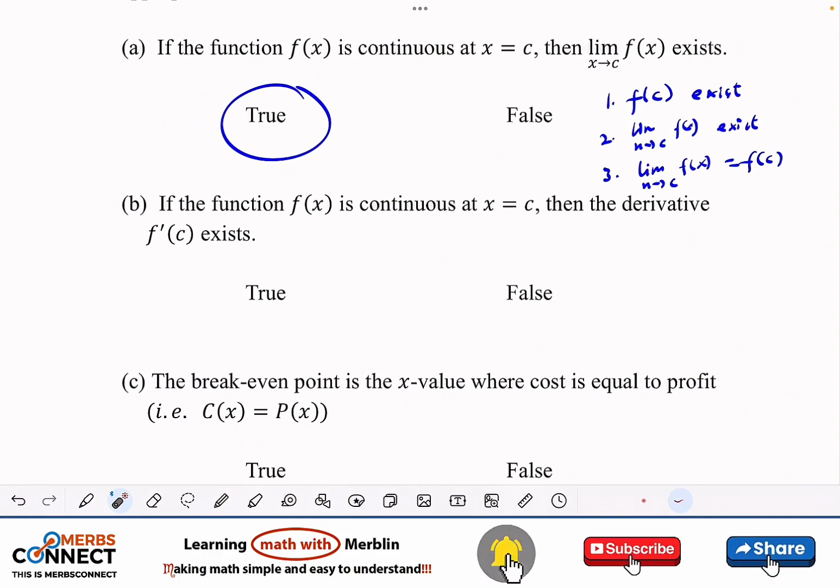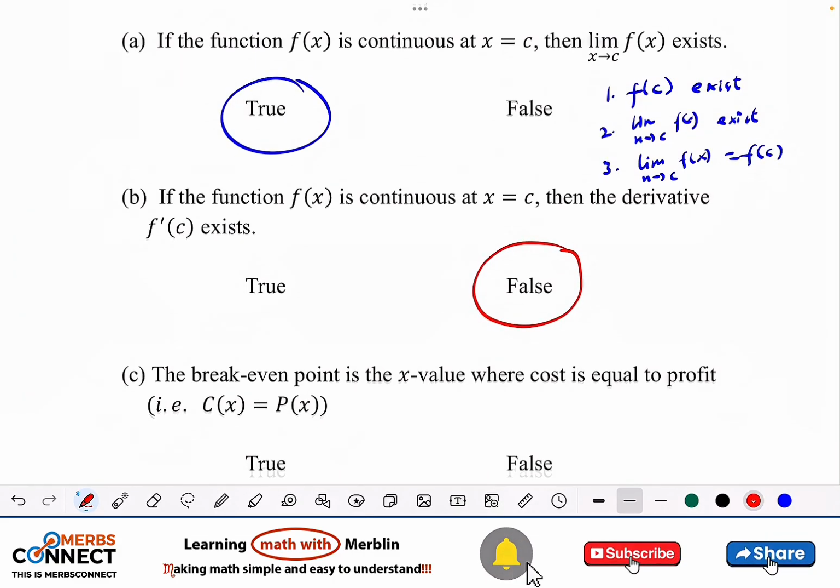Let's look at this. If this is continuous at x equal to c, then the derivative of this, that is f prime of c, exists. Is that true? I can pick the red and say this is a very big false, but I will show you how.